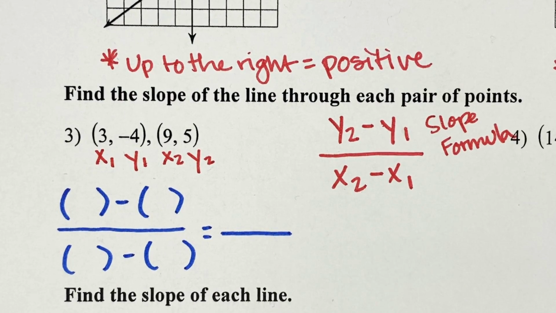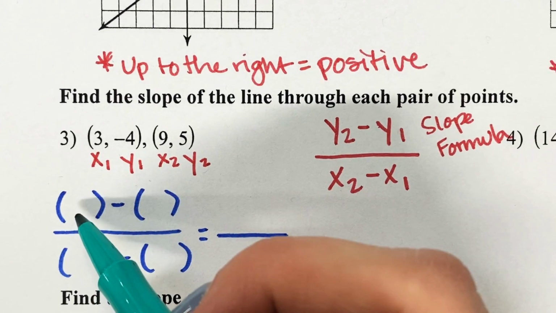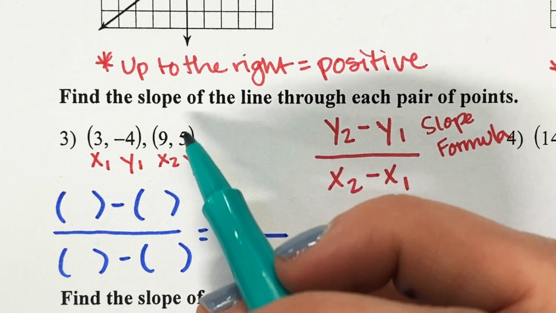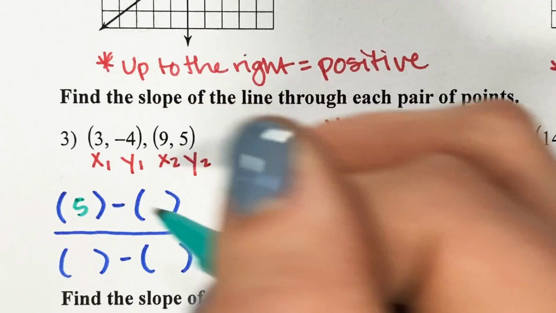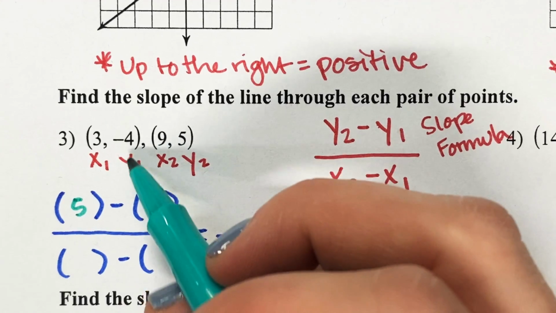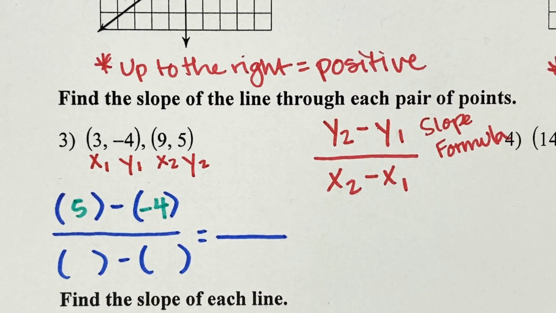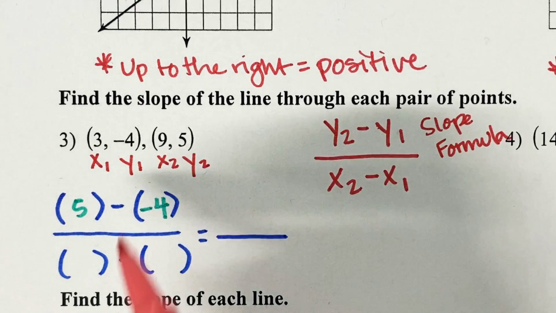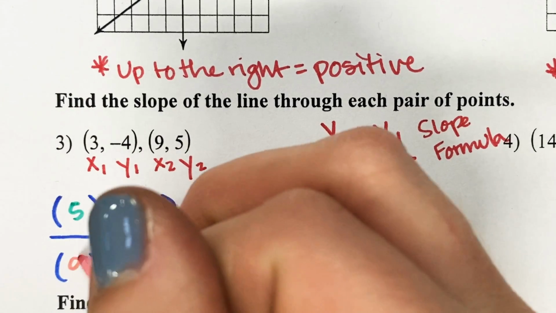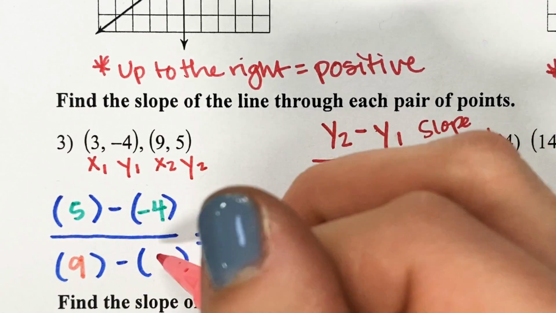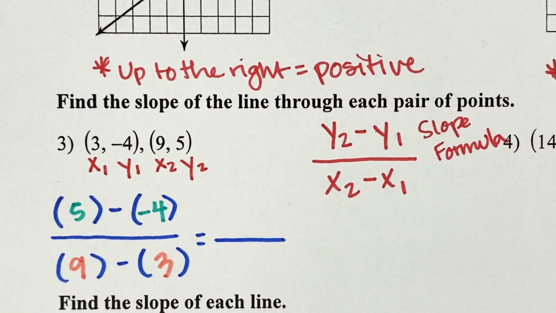Okay, so let's look at our y's first. So I have y2 right here comes first, so y2 is 5 minus y1, which is a negative 4. Okay, now on bottom we have x2, which is 9, minus our x1, which is 3.